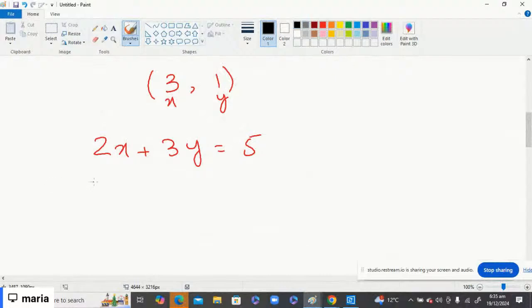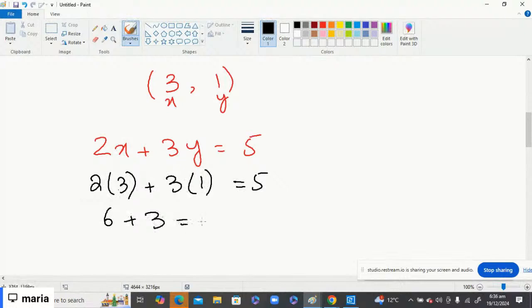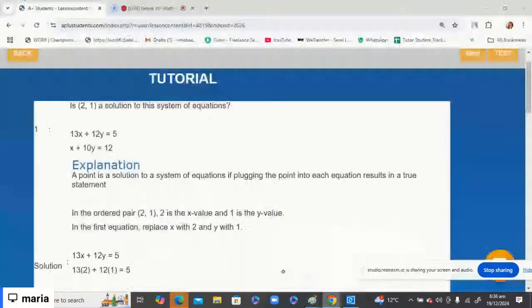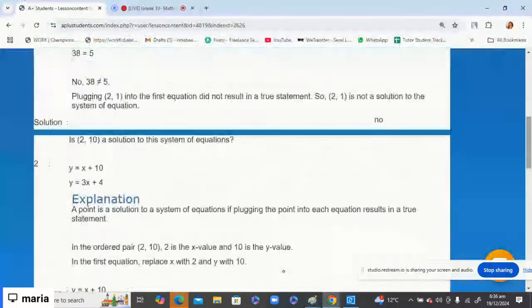In place of x you put 3, in place of y you put 1, and 5 stays as it is. 2 times 3 is 6, 3 times 1 is 3. 6 plus 3 is 9. Is 9 equal to 5? No, so this set is not a solution of this one.